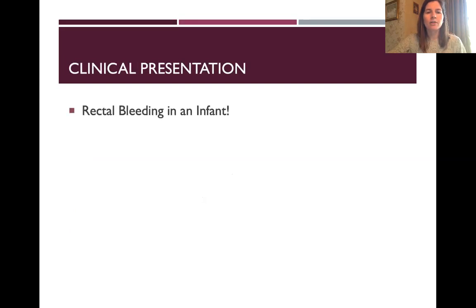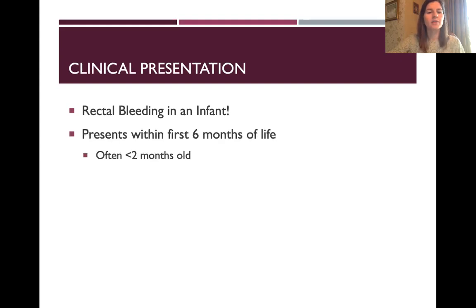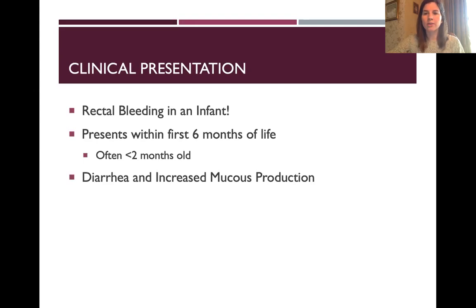In terms of the clinical presentation for milk protein proctocolitis, it is one of the most common causes of rectal bleeding in an infant. It often presents within the first 6 months of life, but often in infants who are less than 2 months old. Parents will often describe other changes in their child's stool, including diarrhea and increased mucus production.